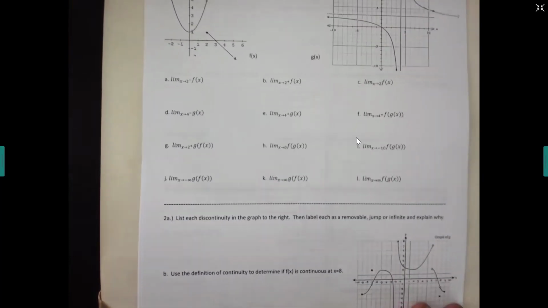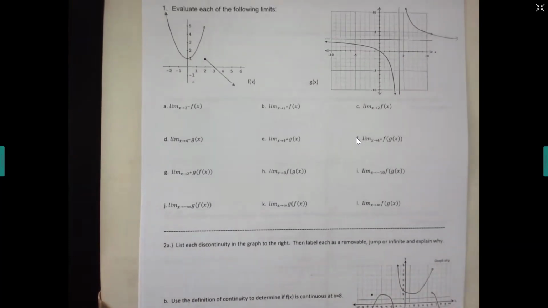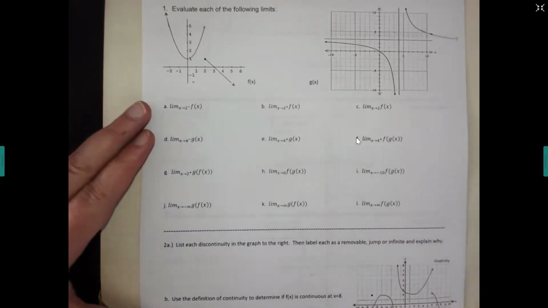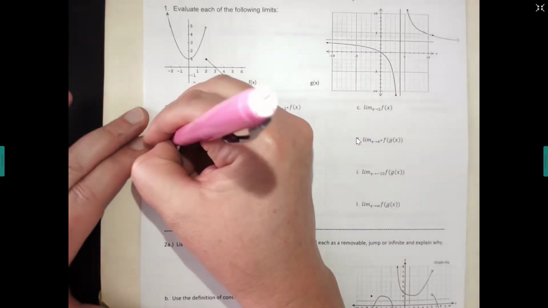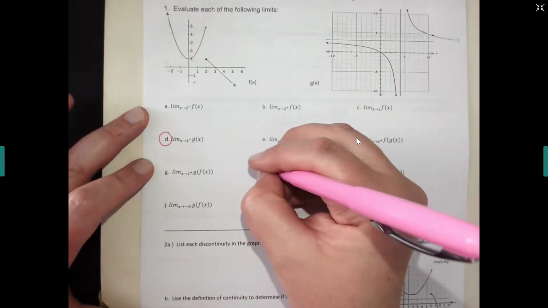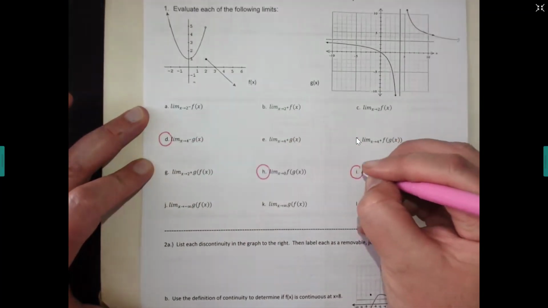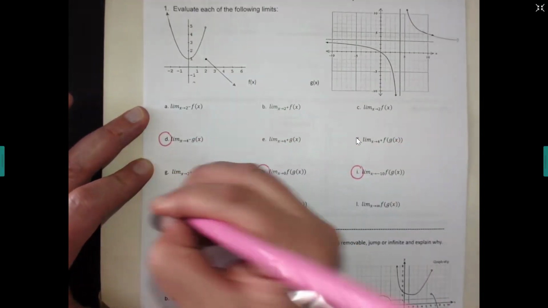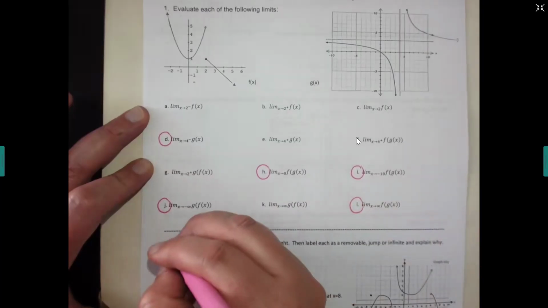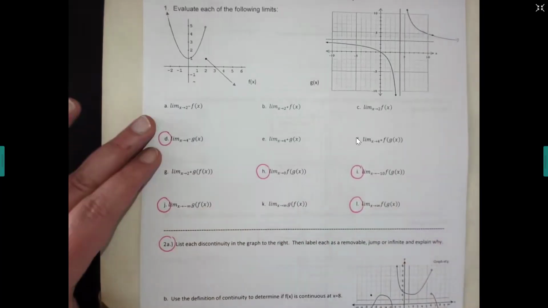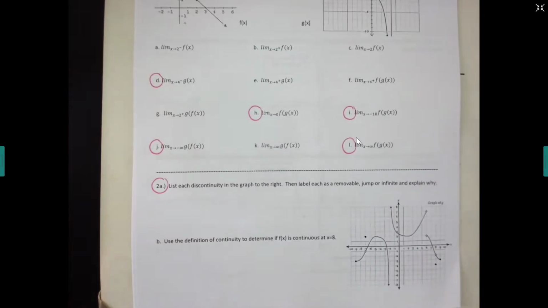From this first page, I would like for you to try D, H, I, J, L, and 2A. We're just going to give them a shot, and then we'll go over the answers to those and see how you do.